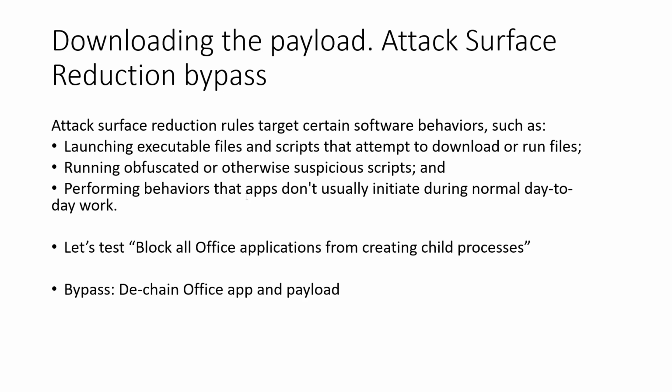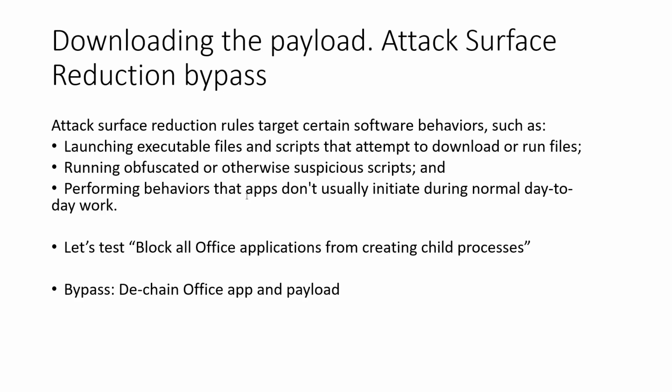I will use only one rule for the purpose of demo. So I will use the rule to block all Office applications from creating child processes. And so let's try to bypass that. How can we bypass that? We can dechain the Office application and our payload, so our payload will not be a child process.